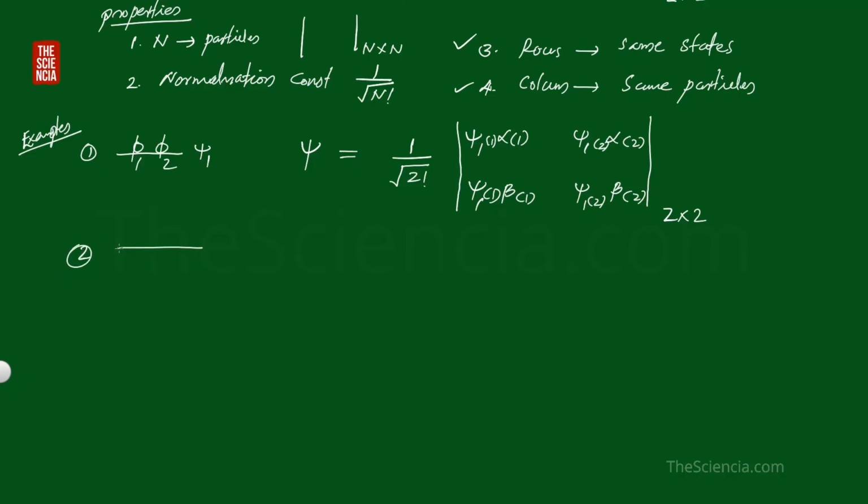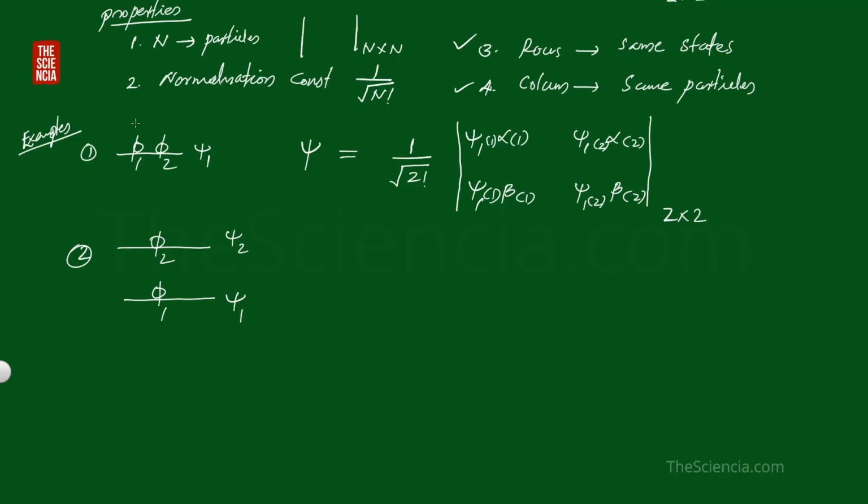Here there are 2 states, psi 1 and psi 2, and there are 2 particles, phi 1 and phi 2. In this second problem, by writing the Slater determinant, we will not get the exact wave function. The reason is, in the second case there is no Pauli's exclusion principle at work.